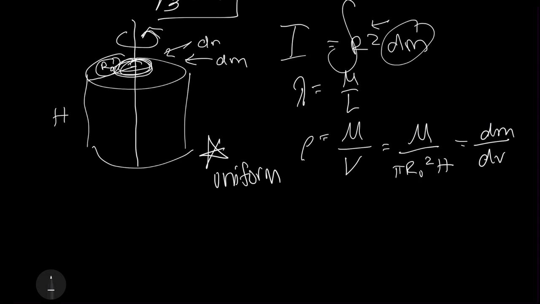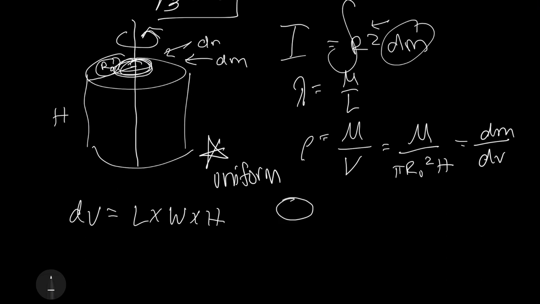But what is dv? Our dv, as any volume has to be, is going to be length times width times height, but not of the entire cylinder, only of the shell. If we take the shell, it's hollow on the inside. This is just one paper towel that's curved around. We take this shell right here and unfold it. So you rip the paper towel and you unfold it.